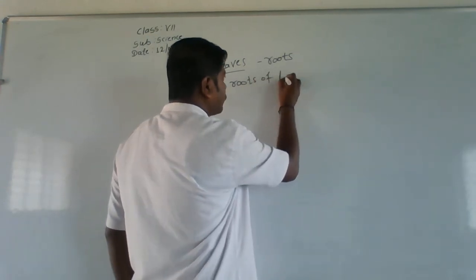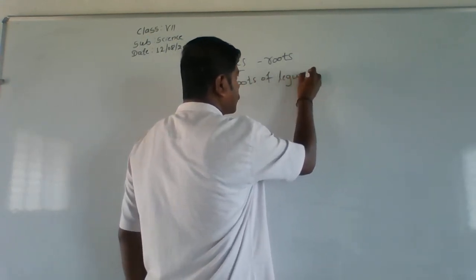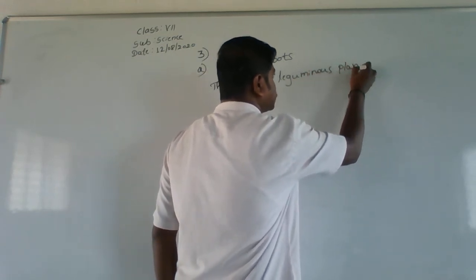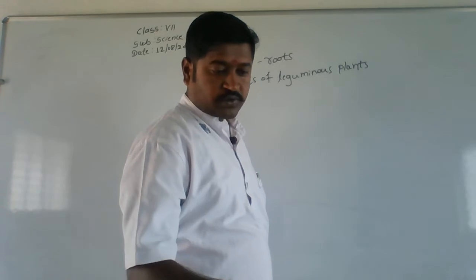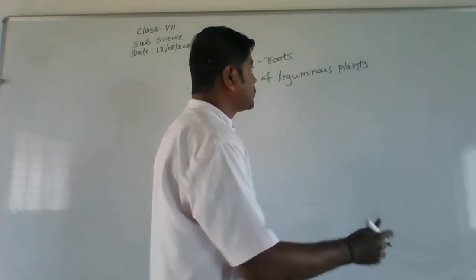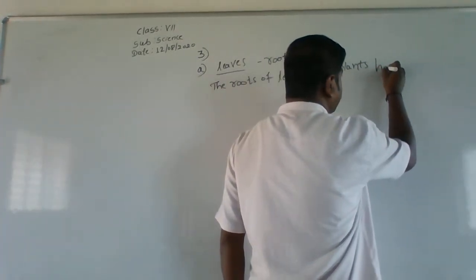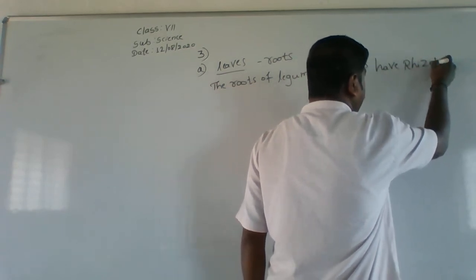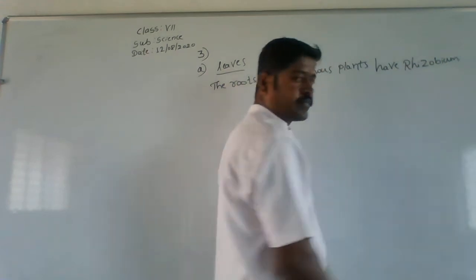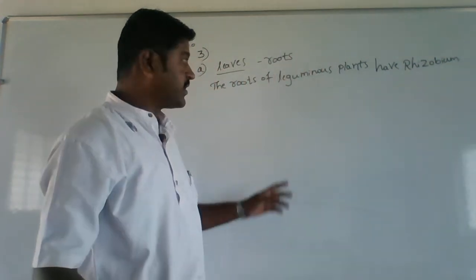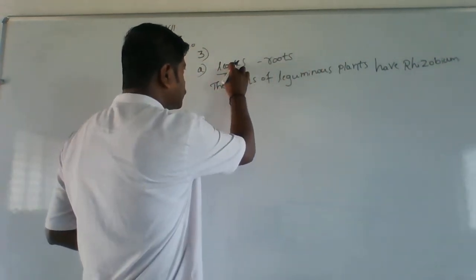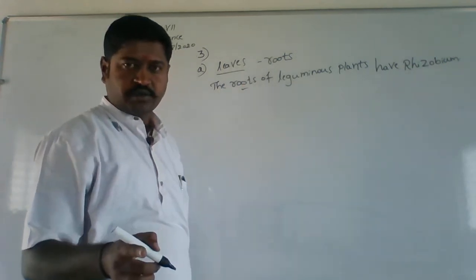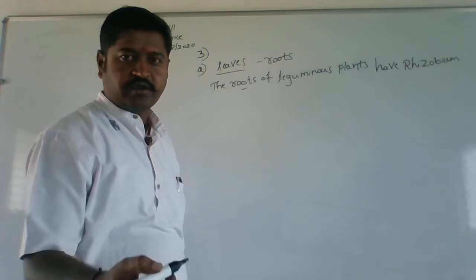The roots of leguminous plants have rhizobium. Is this clear? So instead of leaves, we have written roots. Understood? We have to do the same thing for the remaining.